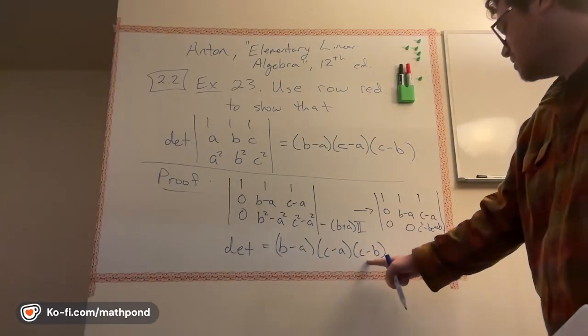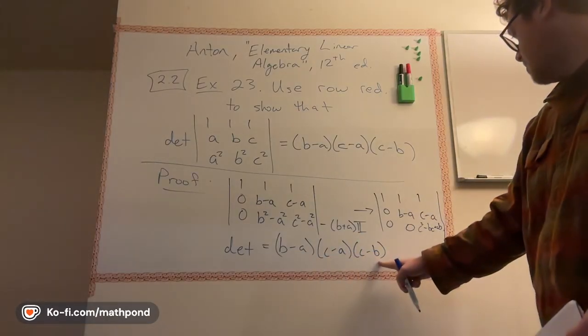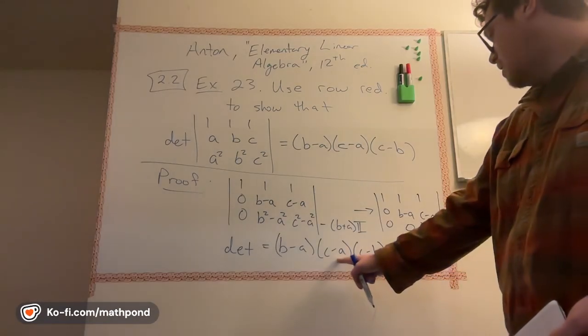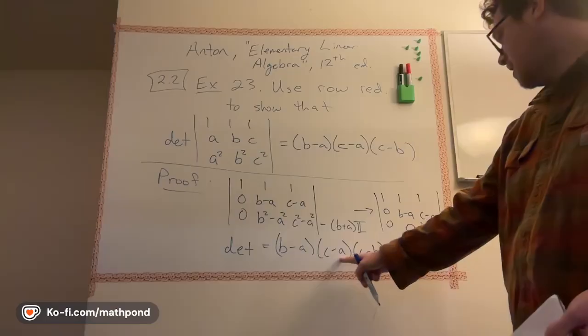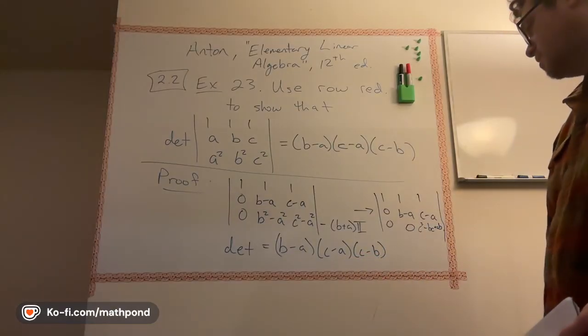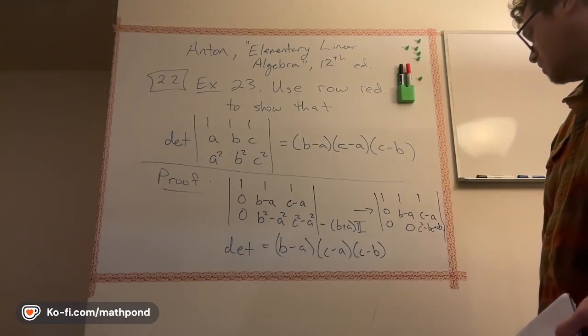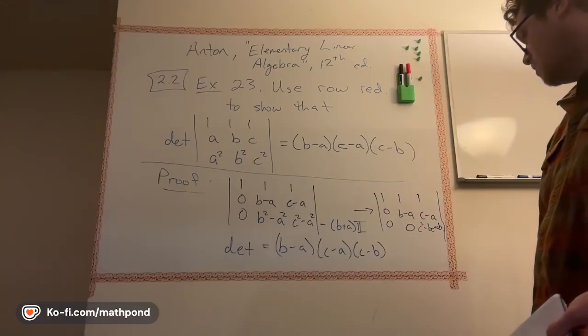C times C is C squared. C times negative B is minus BC. Negative AC. Yeah, where does the negative AC term go? That's the thing. Negative AC. Huh.